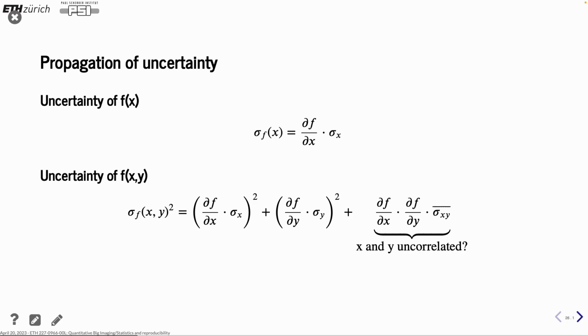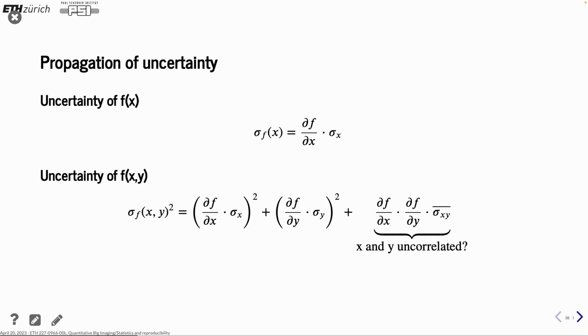If now we have a combination of different components, then it gets more complicated, and instead we have to do the squared sum, the sum of the squared components, and in the end you have a correlation coefficient.